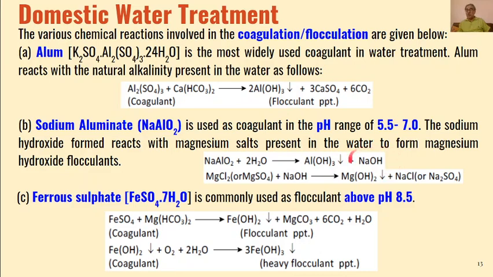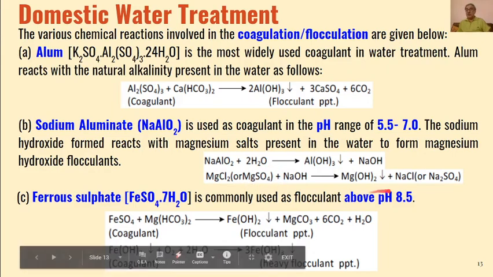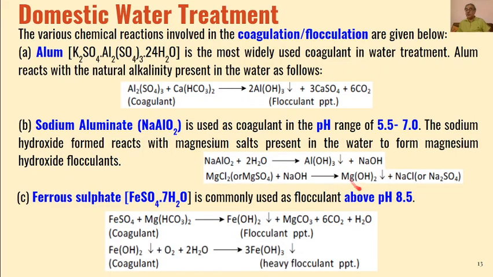Then the sodium hydroxide formed will react with the permanent hardness salts, magnesium chloride and magnesium sulfate present, and they will be converted into magnesium hydroxide, which will also settle down as a precipitate and go along with the flocculant, and be sedimented in the form of sludge. Sodium chloride or sodium sulfate will remain in solution.